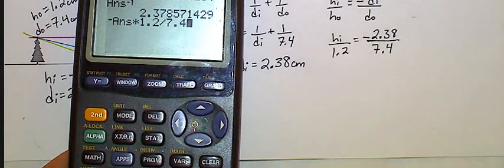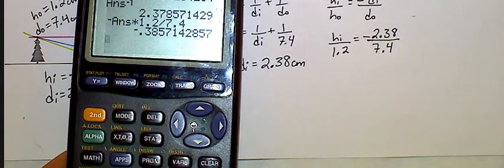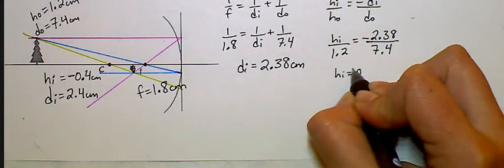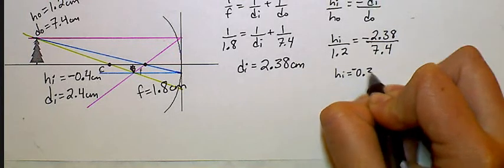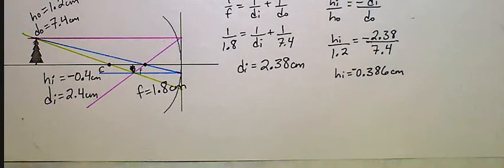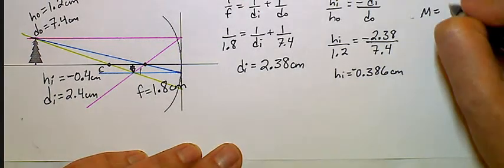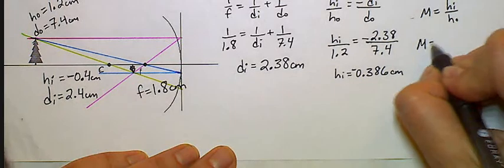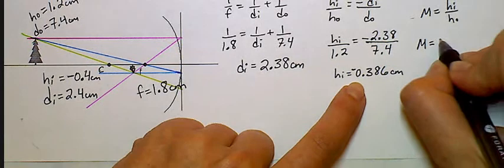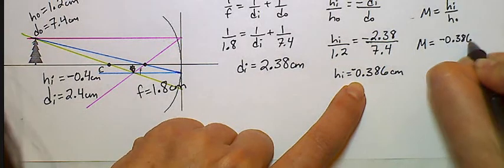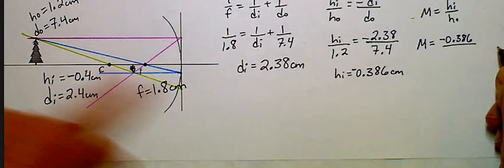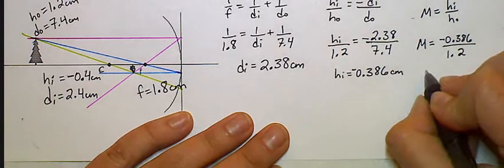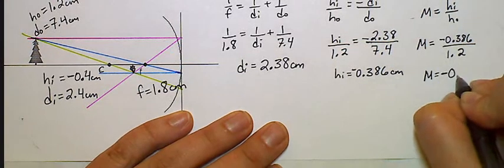And I get negative 0.386. And the magnification, HI over HO. The magnification is negative 0.32.